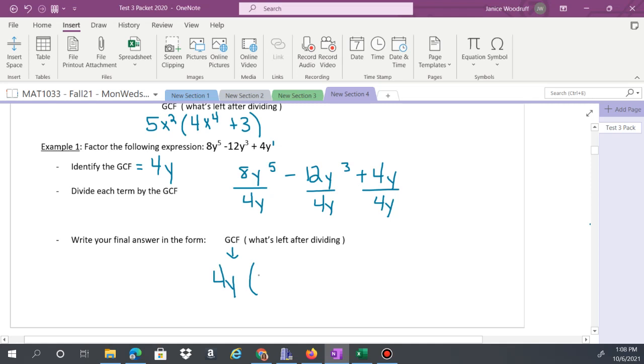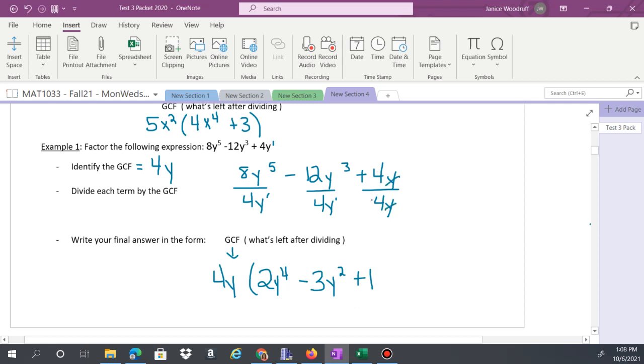So we do 8 divided by 4, and that would give us 2. Then we do y to the 5 minus 1, which gives us y to the 4th. Then we do 12 divided by 4, and that gives us a minus 3. Then 3 minus 1 gives us y squared. 4 divided by 4 will give us a positive 1, and these y's will cancel out.